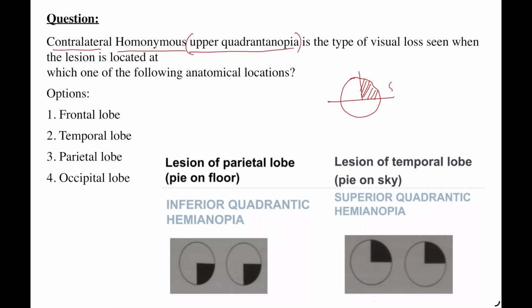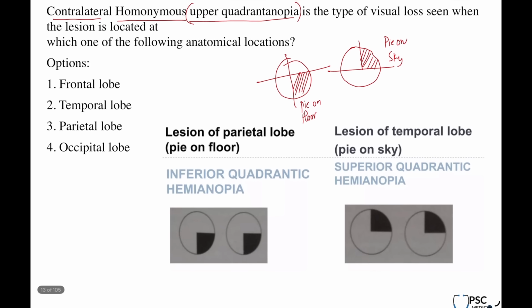This lesion is known as pie in the sky. If I say lower or inferior quadrantic hemianopia, then it is pie on the floor. So these kinds of visual field defects, pie in the sky and pie on the floor, are because of cerebral cortical defects.